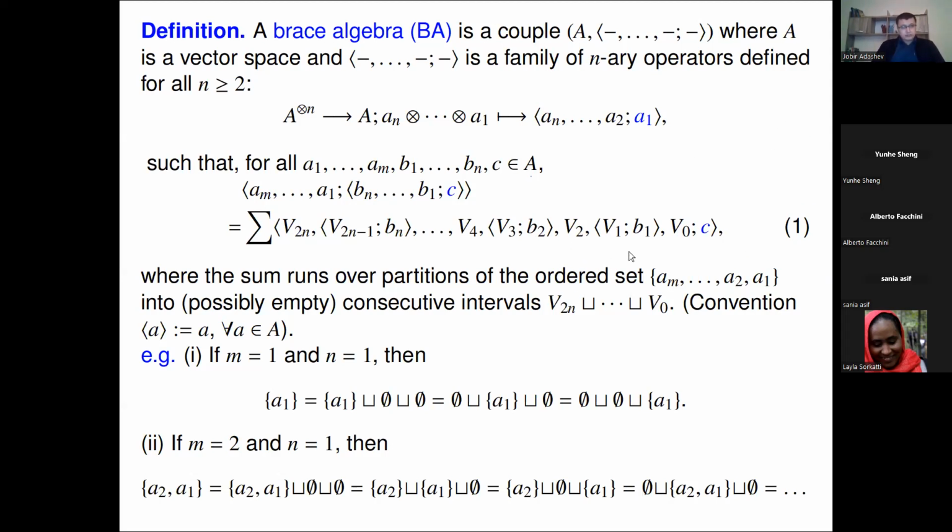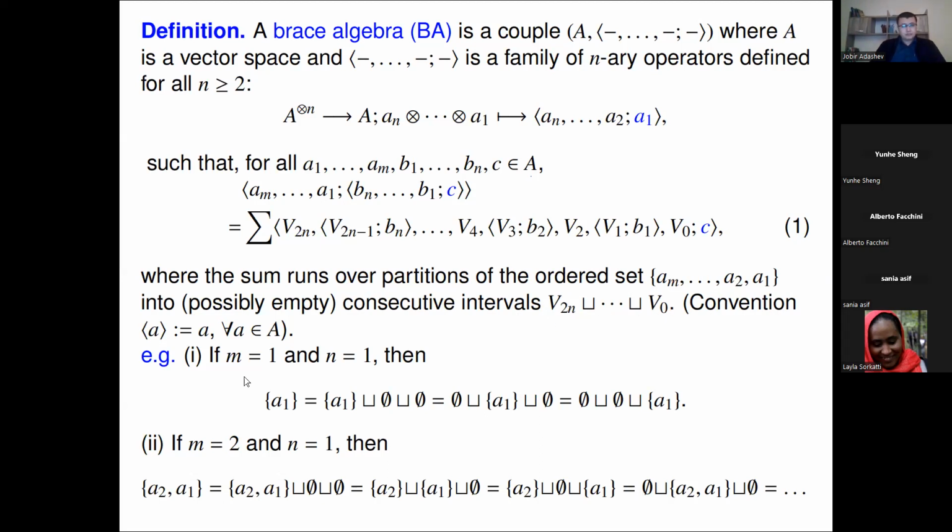Here C is the same C, the special argument. Then B1, B2, and Bn. Here, what is V1, V2, up to V2n? This sum runs over the partitions of the ordered set A_i into consecutive intervals. So here, the consecutive intervals of those A_i.